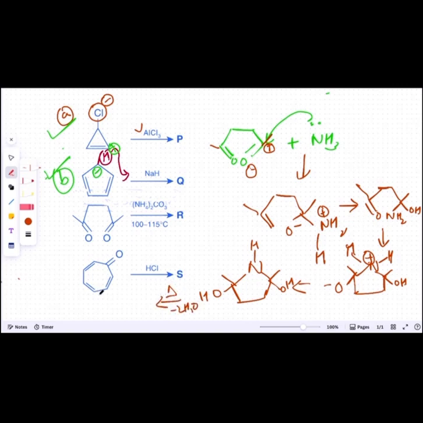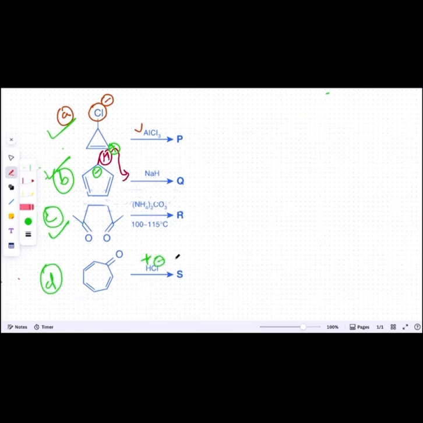After we draw the canonical structures or the resonating structures, we get this as the final product. Now we check the other possibilities of being aromatic. It is cyclic, it is conjugated, so it fulfills all conditions, and that's why it is participating in resonance and it is aromatic.